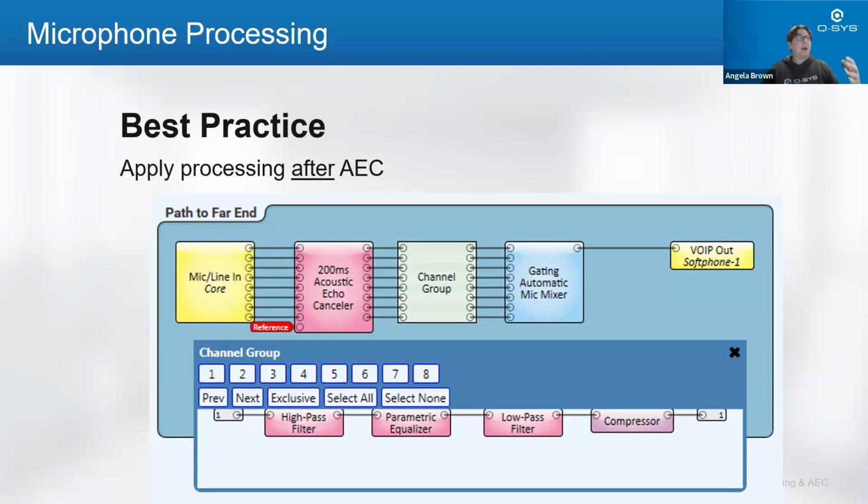I think the big thing about this is thinking about where you put this processing. We recommend putting it after your AEC block, especially nonlinear processing. Remember back to that nonlinear thing? As soon as you start doing nonlinear processing and then sending that into your AEC, it can't keep up. The algorithm that's trying to do nonlinear processing is trying to operate on nonlinear processing.